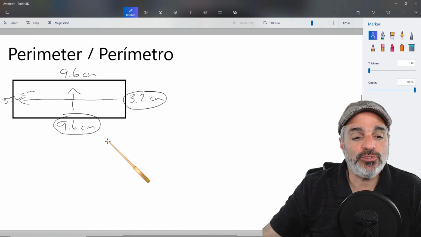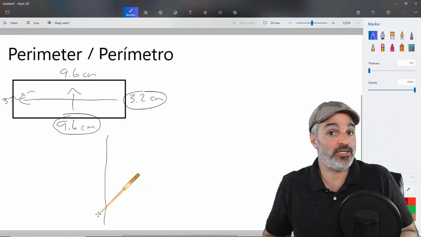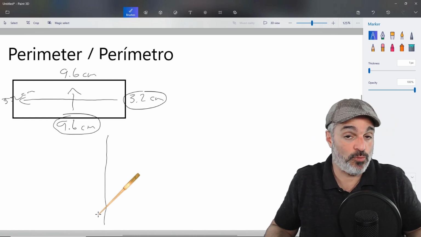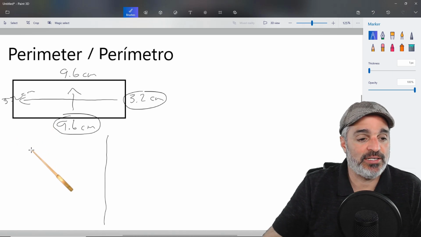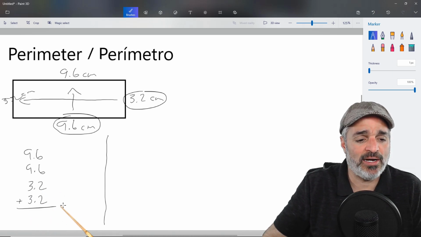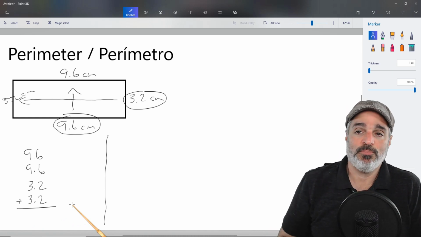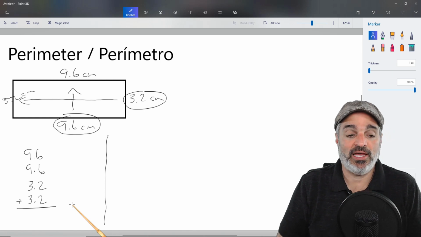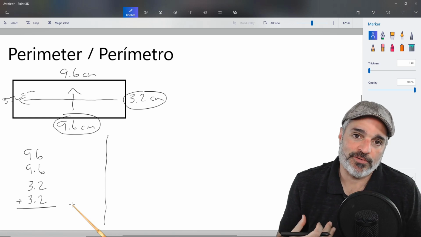Okay, so there are two main ways to find the perimeter here. Two main mathematical calculations. You can do it whichever way you want. So let's begin by adding all of the sides. So I take 9.6, 9.6, 3.2, and 3.2. And you guys know by the way we do this in the classroom that I like to do my additions this way because it saves me steps and I have all the values right there in front of me, and it's easier for me.